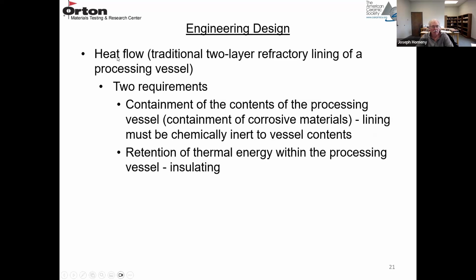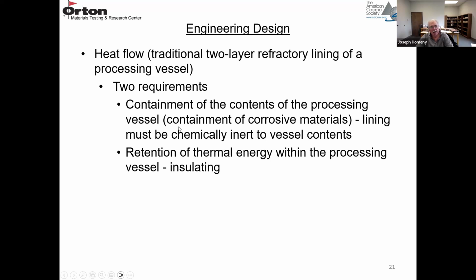So one thing to consider is the heat flow, and we'll look at a traditional two-layer refractory lining for any type of refractory vessel. So these usually have two requirements. Containment of the contents of the processing vessel. So you have to contain the corrosive materials.